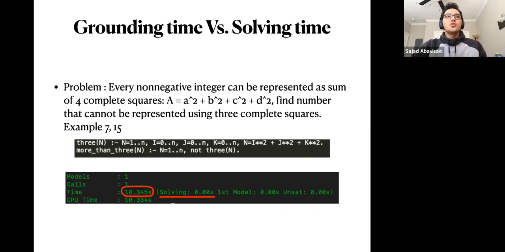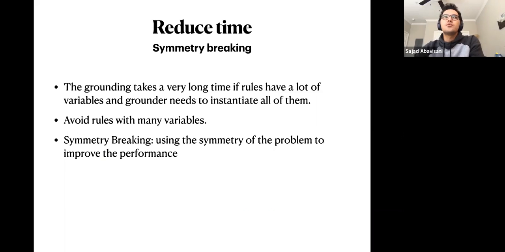And also we can see that the actual solving of this problem doesn't take more than 1 millisecond. It's the grounding that takes all that time, because we have (n plus 1) to the power of 3 possibilities here that have to be grounded, and that takes a lot of time.